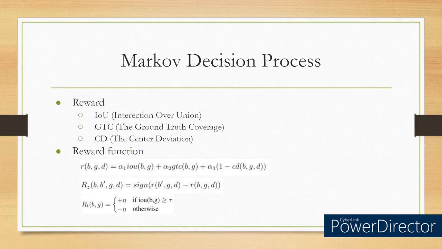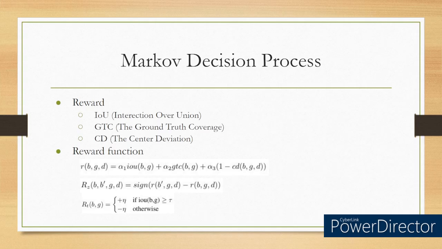GTC is the percentage of the ground truth that is covered by the current bounding box. The main difference between IOU and GTC is that the size of the bounding box has no direct impact on GTC. The GTC metric can be used to put a higher weight on still covering a large portion of the ground truth after a zoom step.